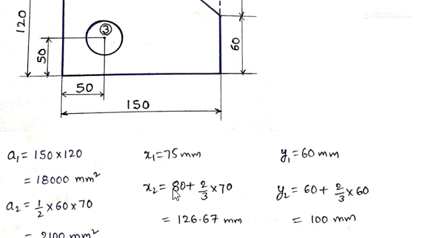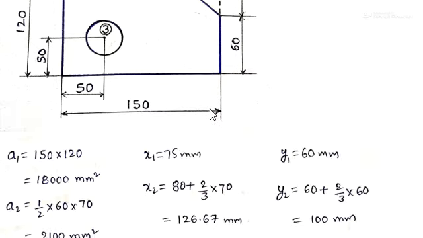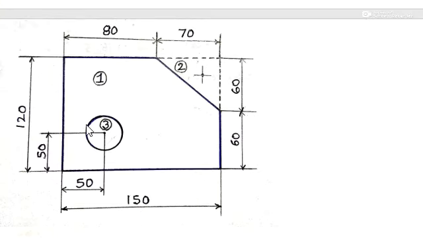If we simplify that, we are getting x2, the centroid location from the left edge of the plate, as 126.67 mm. In the same way, x3, the position of the centroid of this circle from the left edge of the plate, is 50.